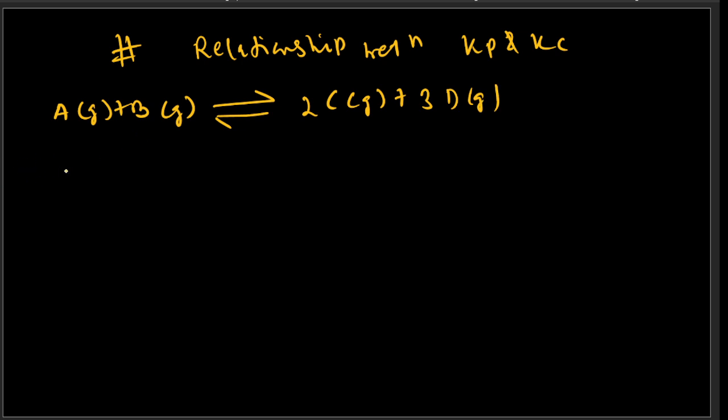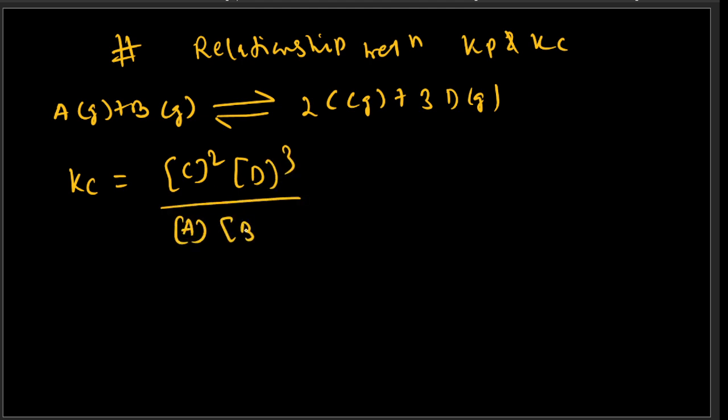So we know that Kc equals the concentration of products, with the coefficients as powers, over reactants. We want to derive the relationship, so let's use the ideal gas equation, PV equals nRT, then P equals n by V times RT.